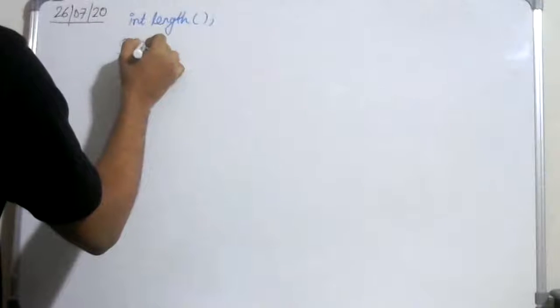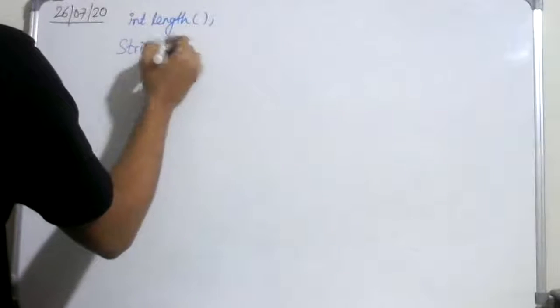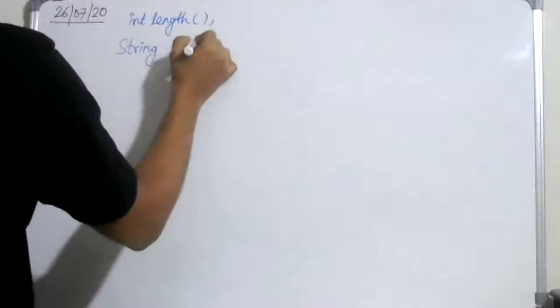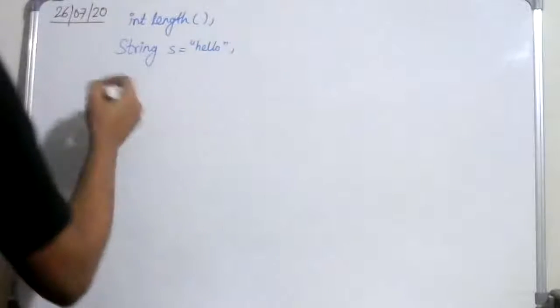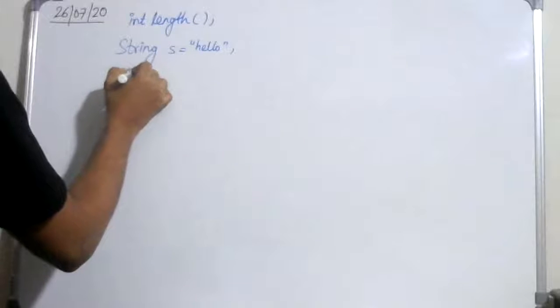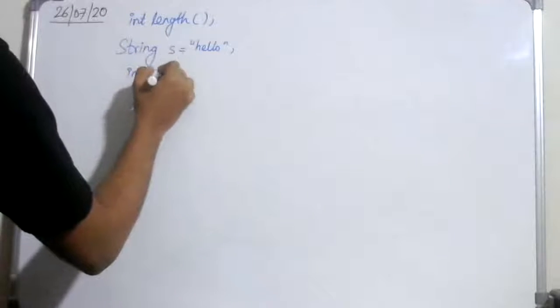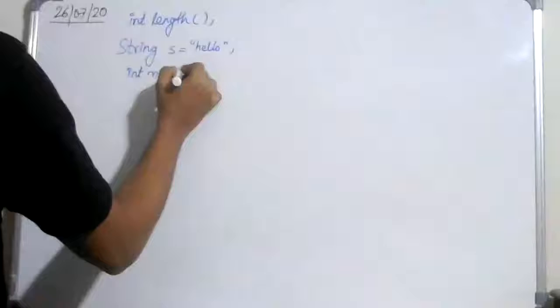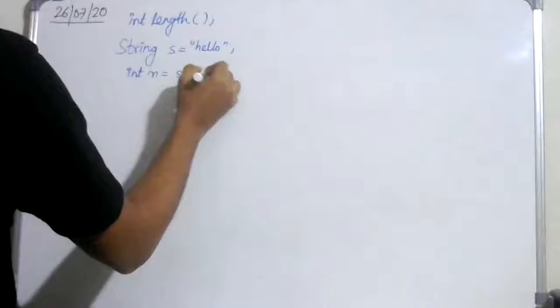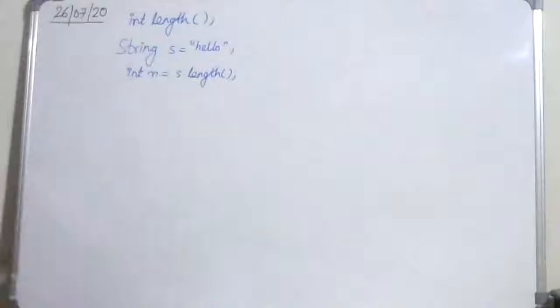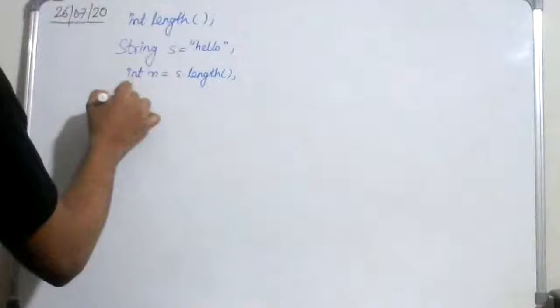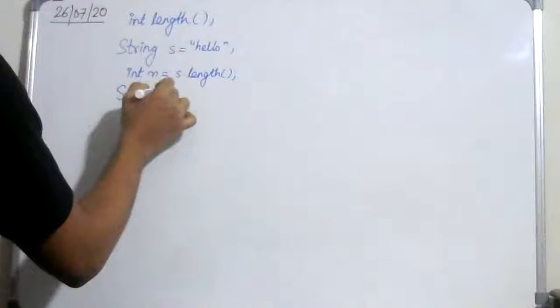So let's say I have a string, the same string hello. Let's say I defined a variable n equal to s.length.